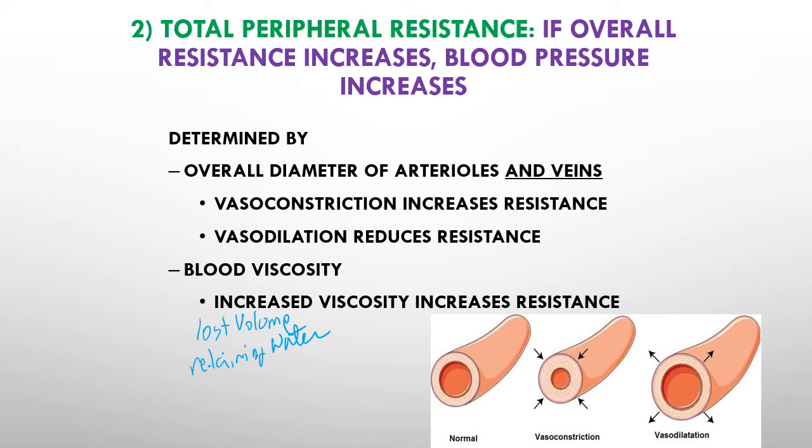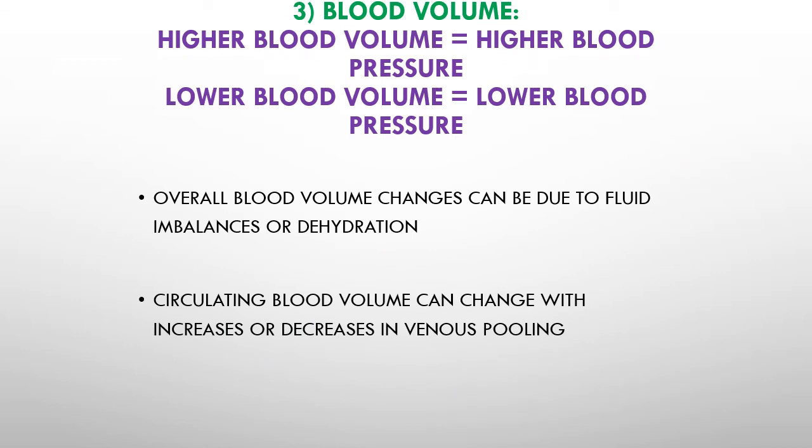Overall, we're going to change the diameter in order to change our resistance. We can do either vasoconstriction or vasodilation to increase or reduce the resistance. Even if cardiac output increases, this may lead us to a vasodilation in order to offset that increase in blood pressure, so that our blood pressure isn't just going through the roof every time our cardiac output goes up.